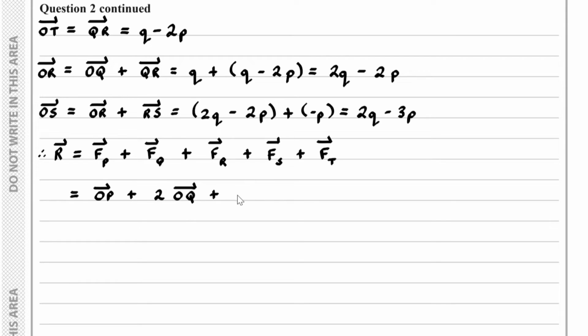Then we've got FR, which is 3 times OR. Then we've got FS, which is 4 times OS. And then we've got FT, which is 5 times the vector OT.